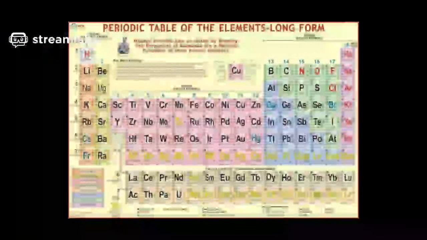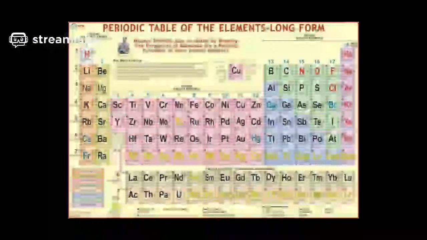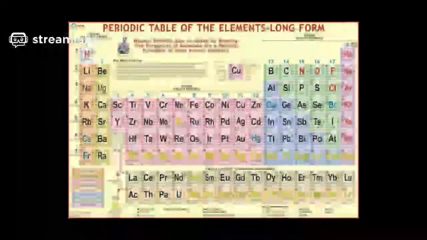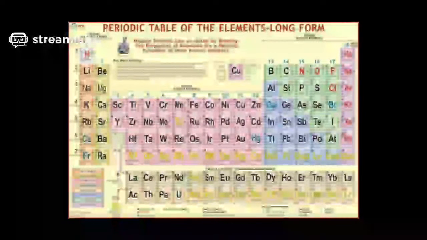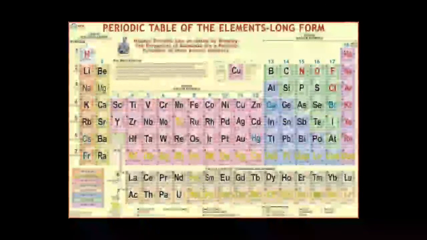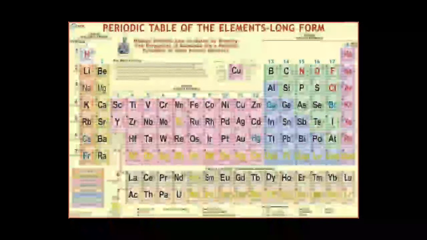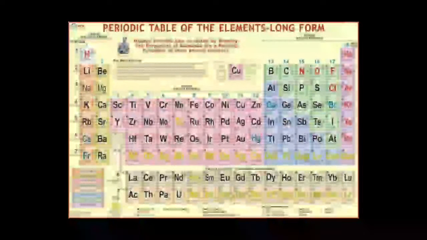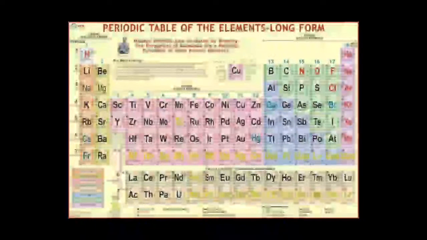Okay, this is the modern periodic table. Now, in the modern periodic table, again, I'm going to give an exercise for you all. Count the vertical columns and count the horizontal rows clearly.